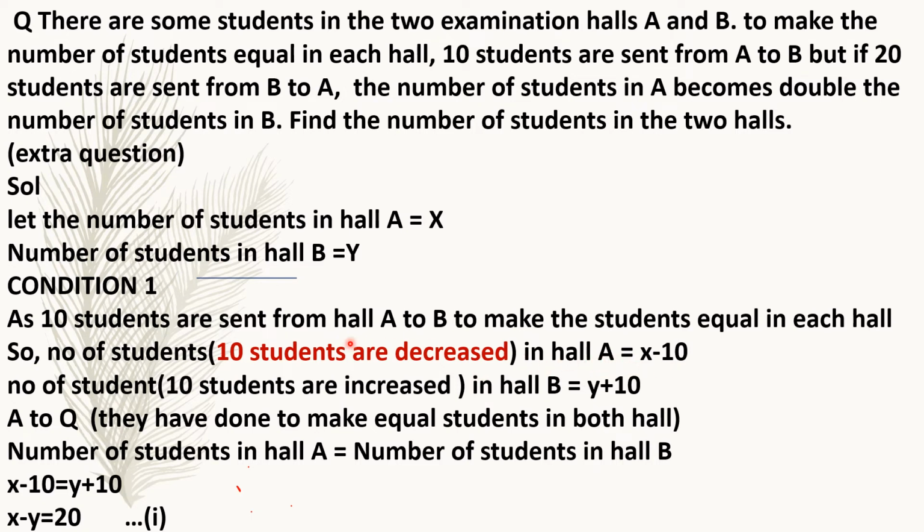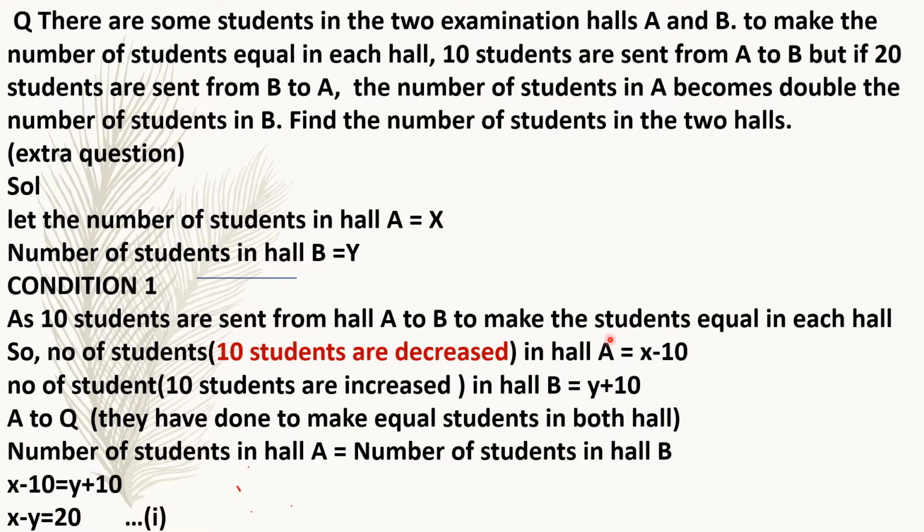Now these students have been transferred from A to B. So in hall B the total number of students is already y, and 10 more students are added. So the number of students in hall B after sending the 10 students from A to B is equal to y plus 10.